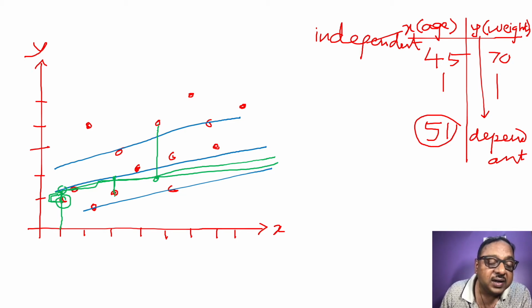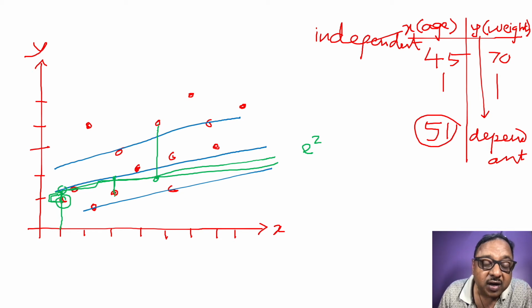Now if I take all the errors, you will notice that some errors are positive and some are negative, so the negative and the positive may null out each other. So what I do is take each error and square it.